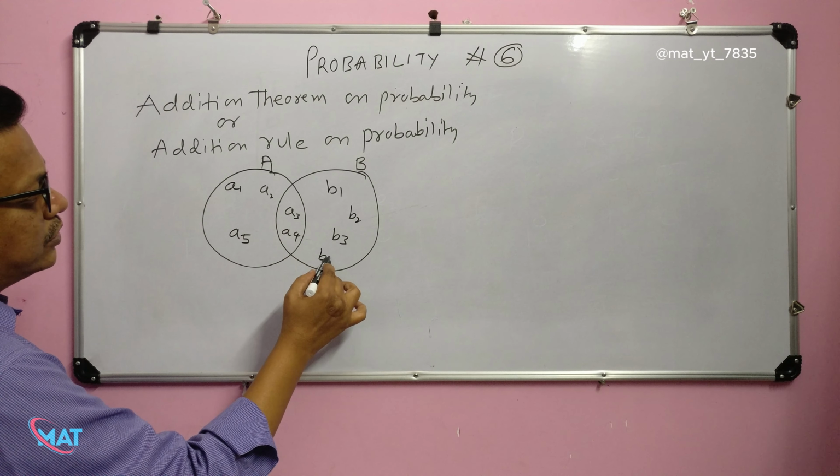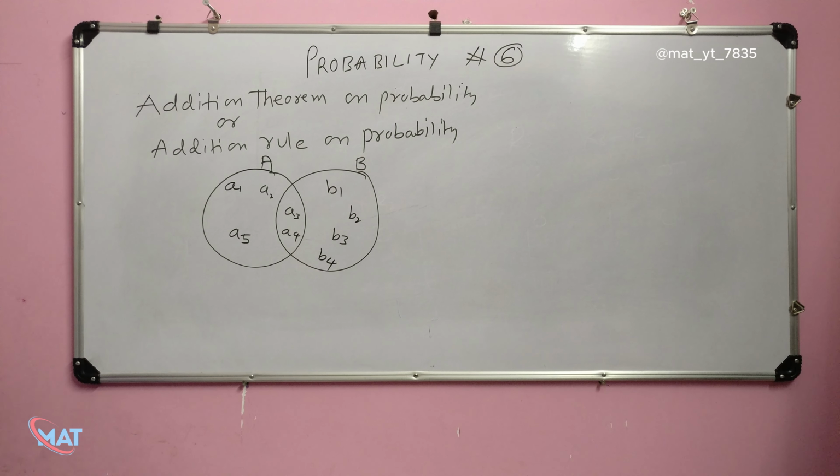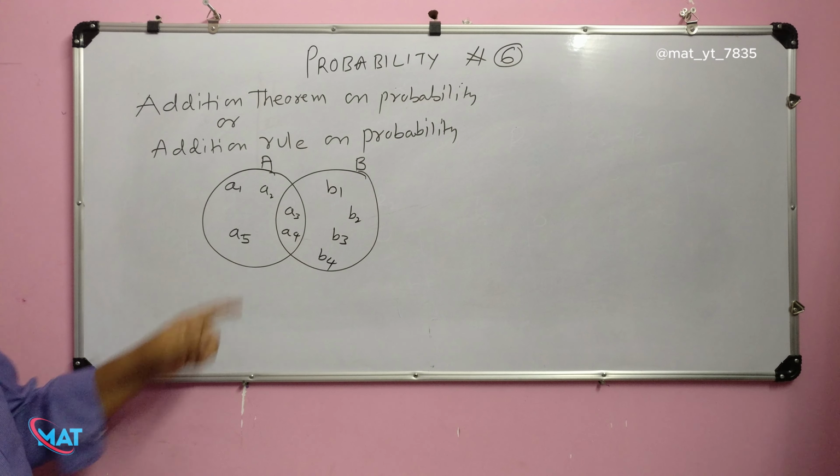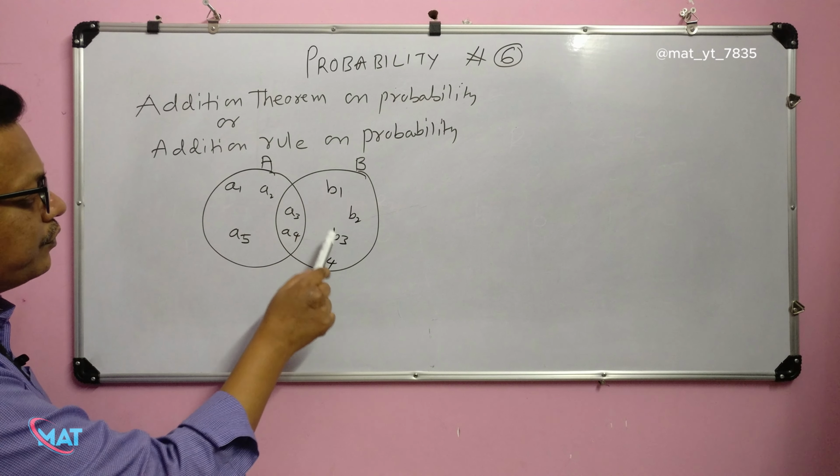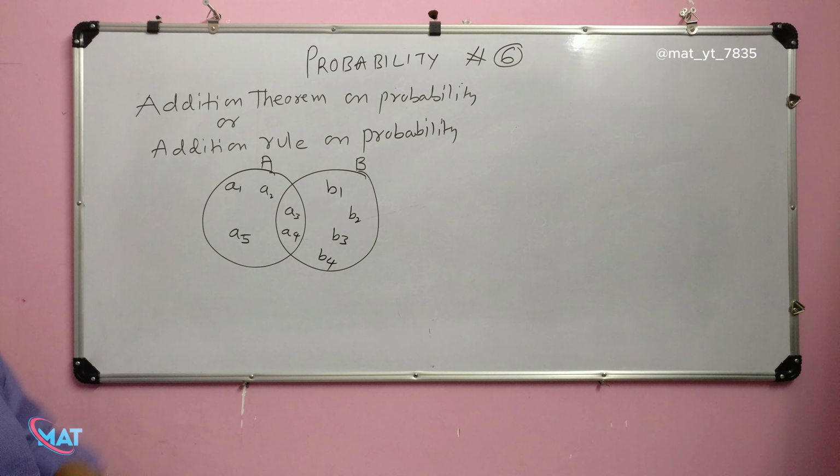One more thing as before. So here 5 outcomes are there in A, and 1, 2, 3, 4, 5, 6, 6 outcomes of B are there.